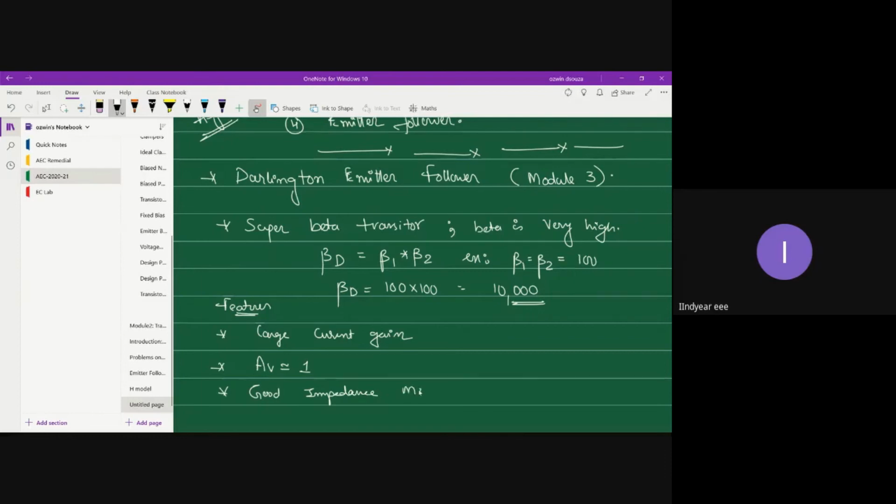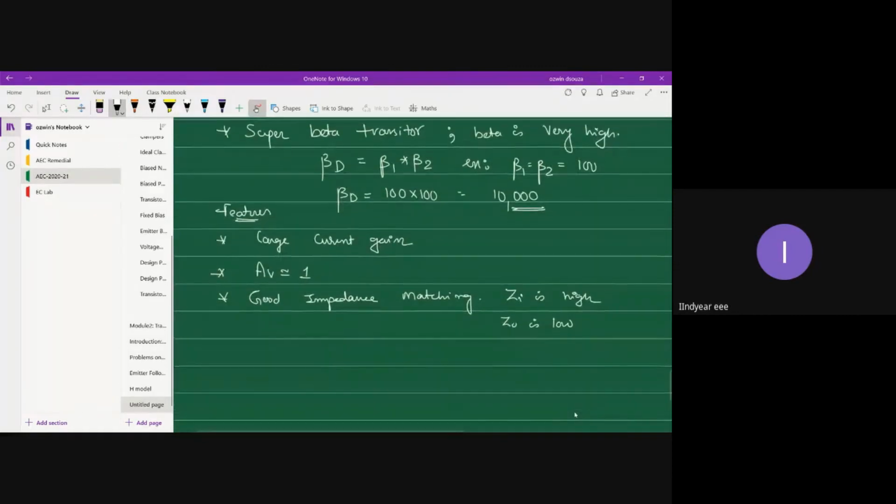That means Zi is high and Zo is low, as expected. That is what an emitter follower circuit should be doing, and that's what it does. The only addition is that it gives extremely high current gain compared to a conventional emitter follower circuit.